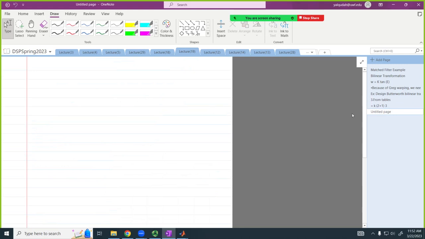So therefore, what we're going to look at next is an easier way to do bilinear transformation. Let me make sure it is easier.